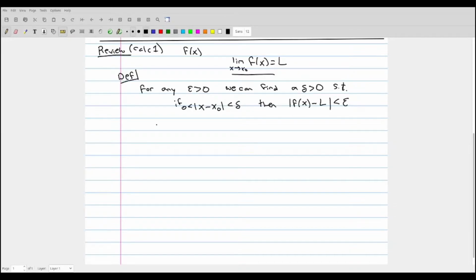Now, pictorially speaking, this is a very nice interpretation. What this means is that we have some value that we're calling L. I'll draw this in blue right here.